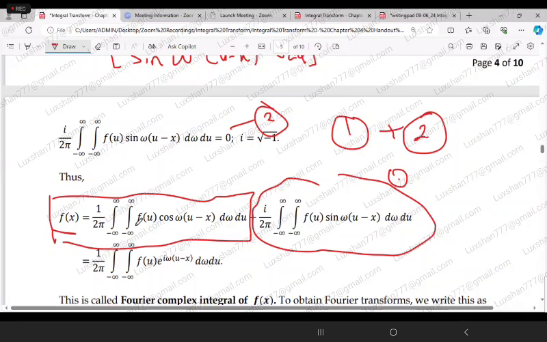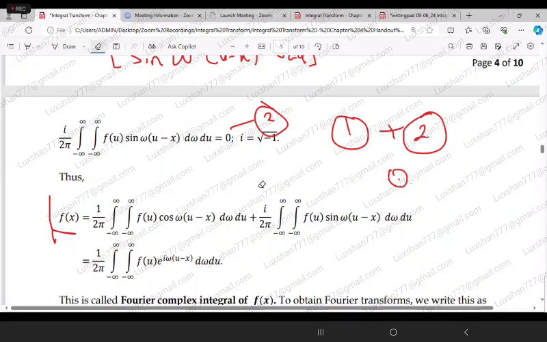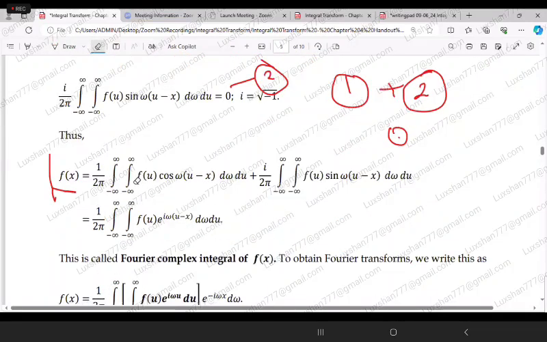So now what I have is f of u and cos omega. Now I am taking 1 over 2 pi out.